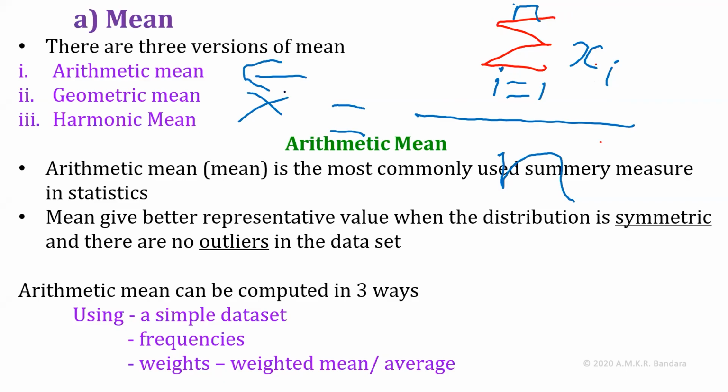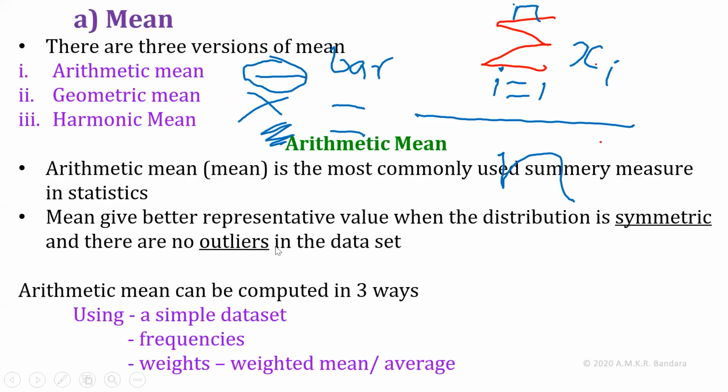This sign we called as bar. It appears on top of any letter that tell average of that variable. Here our variable is x. This bar represent the average. So we have to find the arithmetic mean of that variable in order to find this quantity x bar.